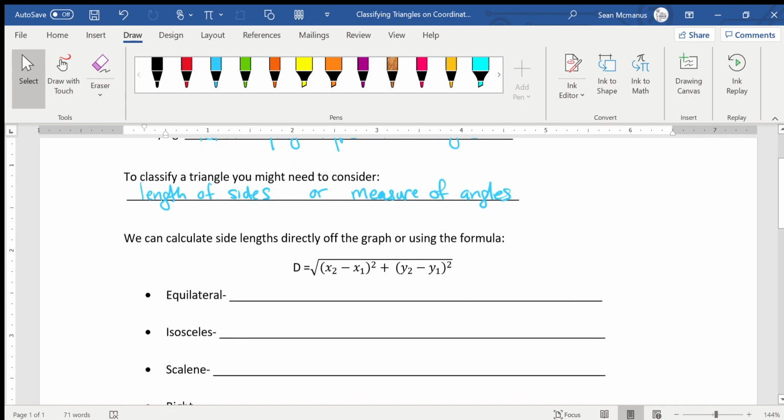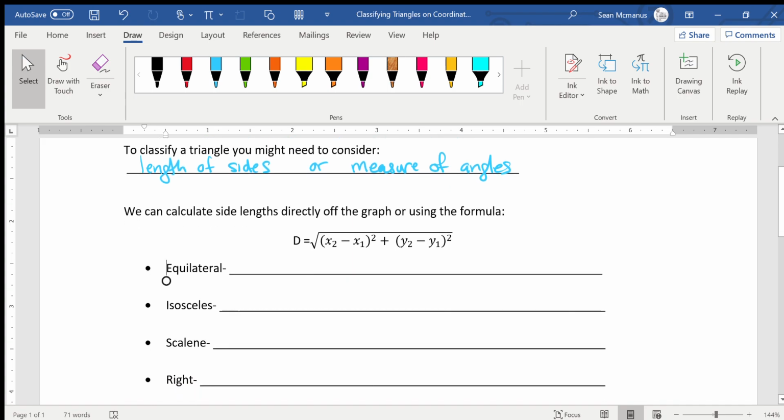When we calculate the sides, remember, in our last video we were examining the length of segments on the coordinate plane, and we're going to use the exact same skills here to find the length of the sides of a triangle. We're going to either use the Pythagorean theorem on the graph, which is probably what we'll do most of the time, or we can use the distance formula.